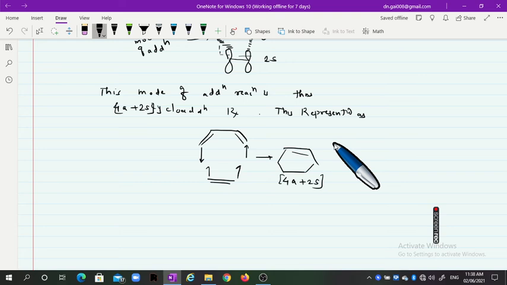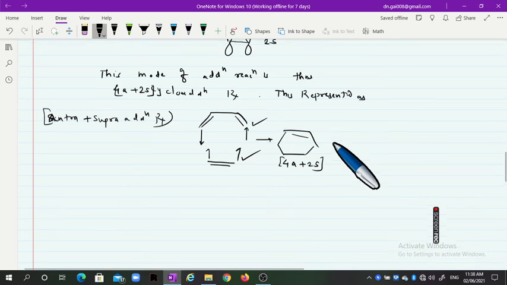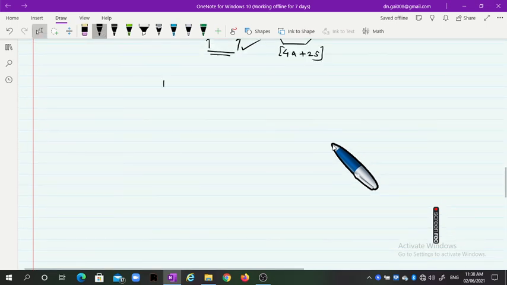This is the supra addition reaction, where the first molecule is added antarafacially and the second is added suprafacially. The first possibility we have seen is supra-supra addition.